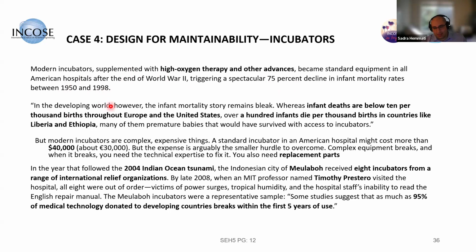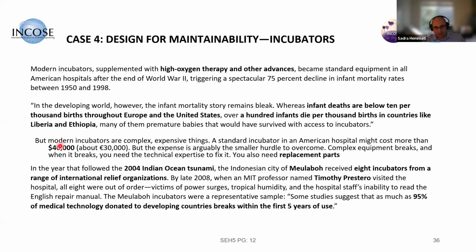Infant deaths are below 10 per thousand in Europe and the US, but over 100 infants die per thousand births in countries like Liberia and Ethiopia. Many of them are premature babies that would have survived with access to incubators. So they don't have access to incubators.